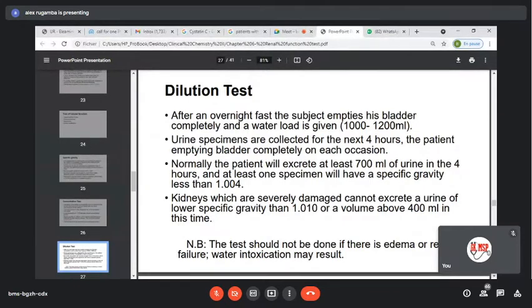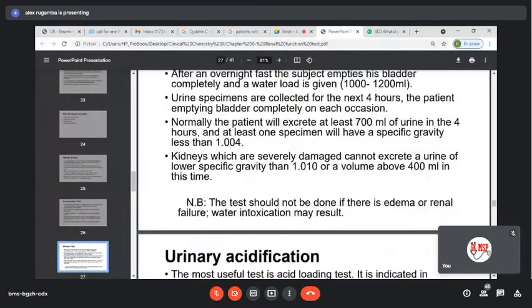You know that in edema there is a high volume of water. So this test is not recommended for people with edema or renal failure, because this may affect the results.